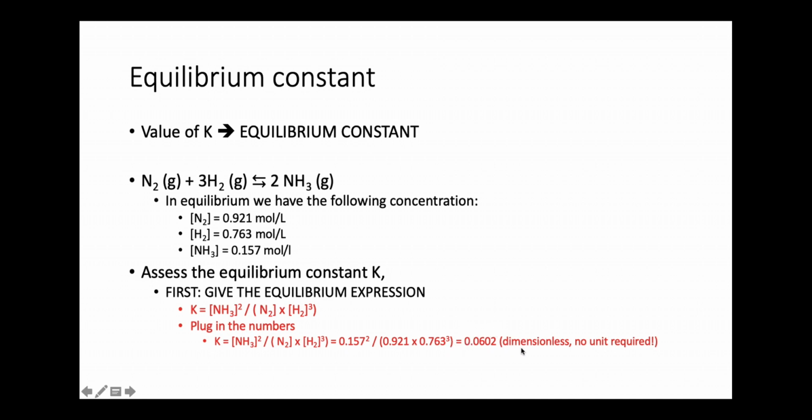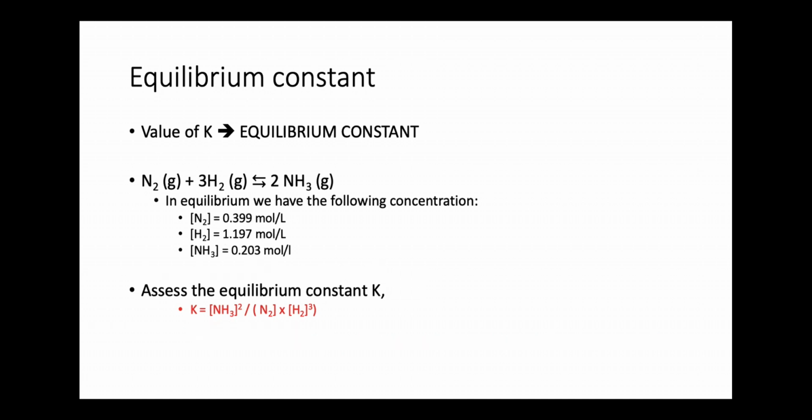There's no need for a unit. It's dimensionless. No unit required. So for this concentration, I can assess my value of K, the equilibrium constant. So if I have different values for concentration, look here, I have different values. My equilibrium expression is of course the same, because I have the same compounds. I'm going to plug in the numbers, and when I do it exactly, I see I have 0.0602. Exactly the same value as I have on the previous slide.